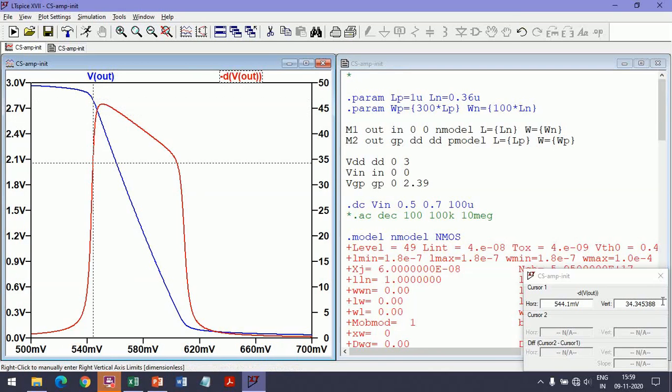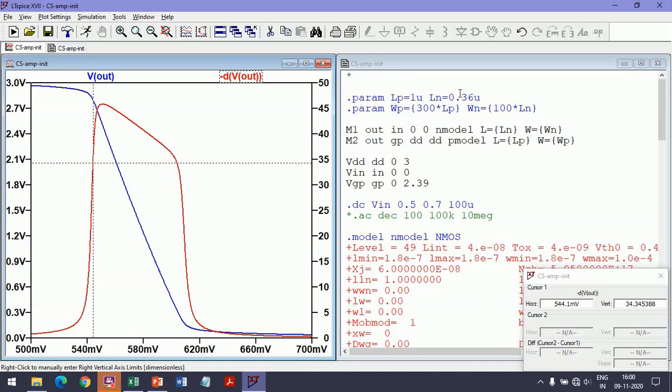34 sounds about right. Okay, the gain is met, but now we have to make sure of the NMOS gate voltage. So what is the NMOS gate voltage? 0.544 volts. Now let us see if this gives an overdrive of 0.1 volt.